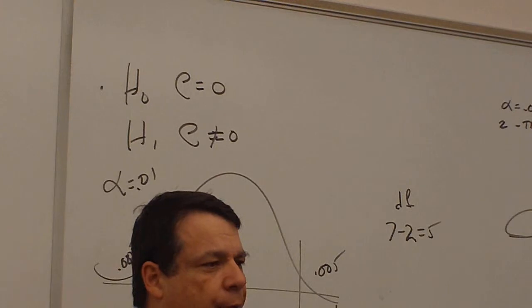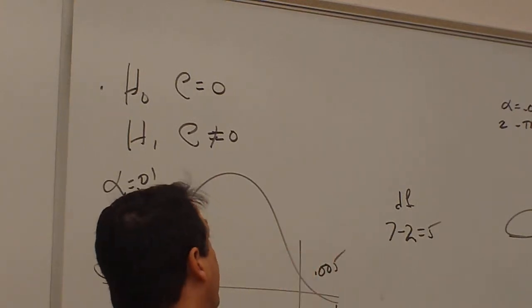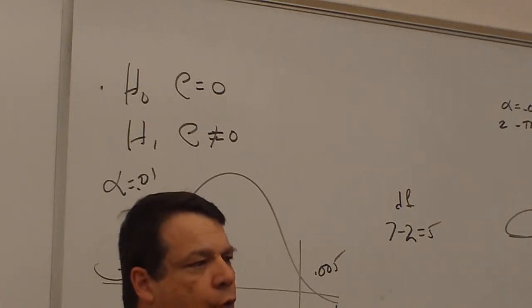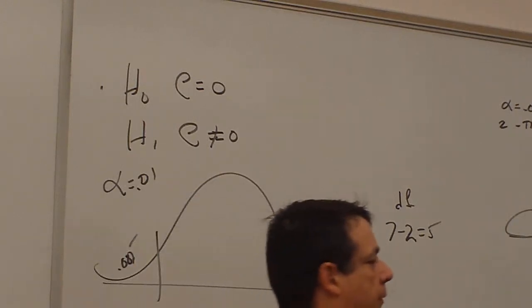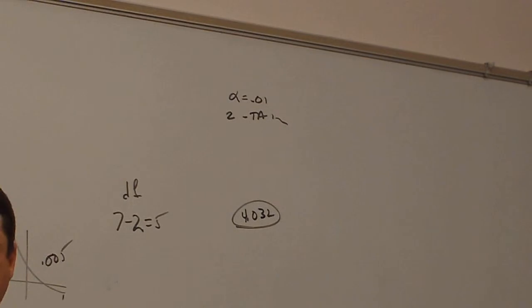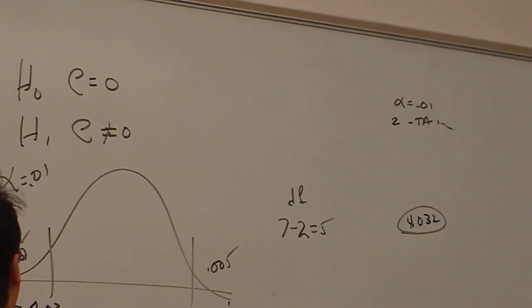So what do we get when we look in the t-table? Alpha 0.01, two-tail, row 5. 4.032. Everyone agree with that? Does anyone check it? Okay, so that means this is negative 4.032.